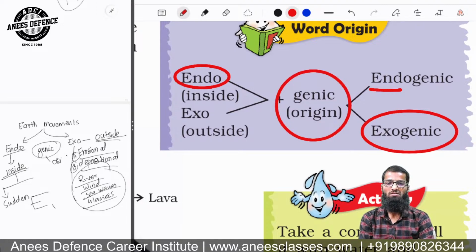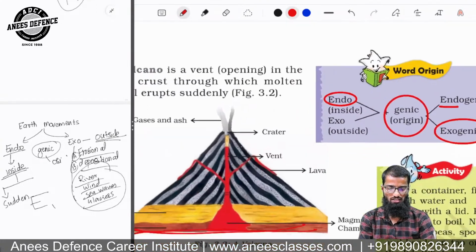We have seen the example of earthquake and the example of volcano, right? So these are endogenic forces. And what is exogenic? Something which appears outside the earth crust. For example, work due to wind and river. These are examples of exogenic forces.